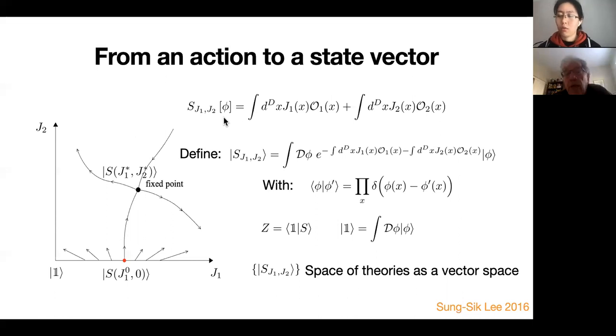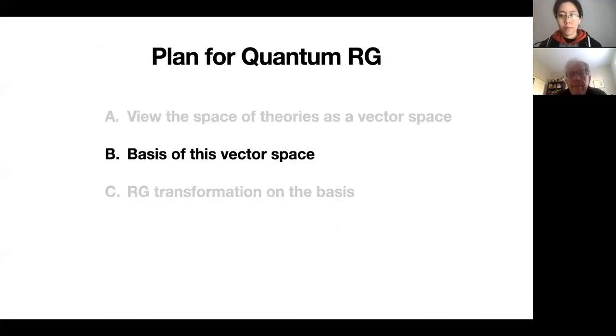Let's say that J1 and J2 equal 0. You still have integration over d phi, even then, right? Yes, that's this identity vector. But this identity should depend on S0. You can choose another identity, like e to the S0, as your identity. Yes, I see.